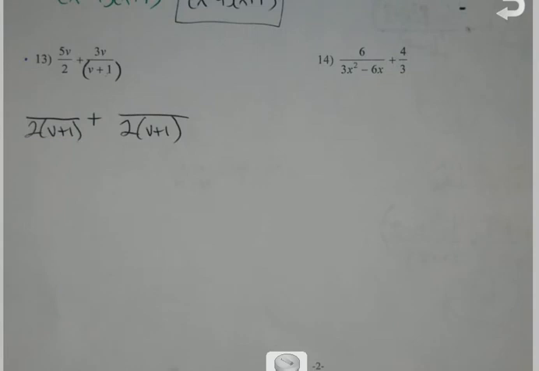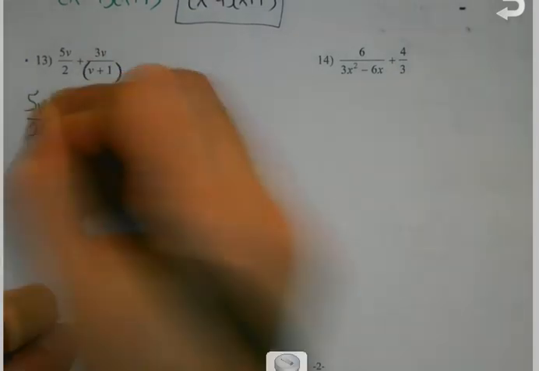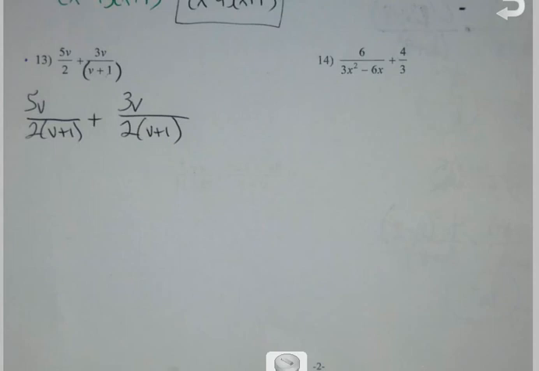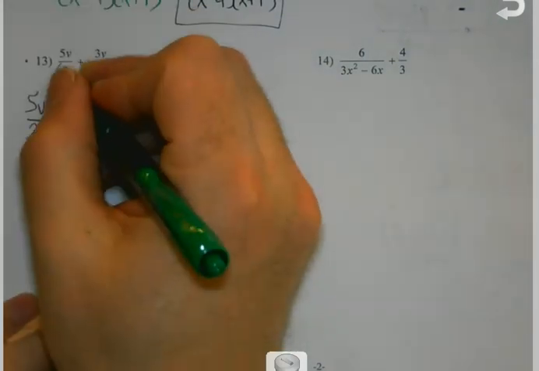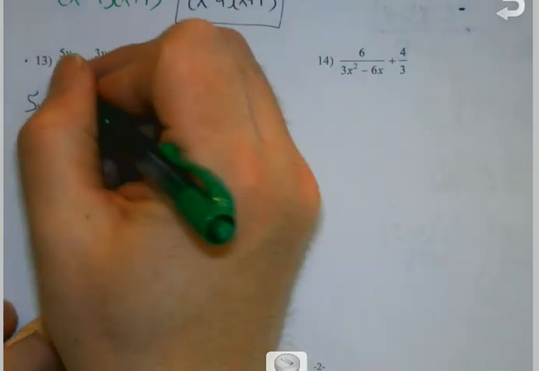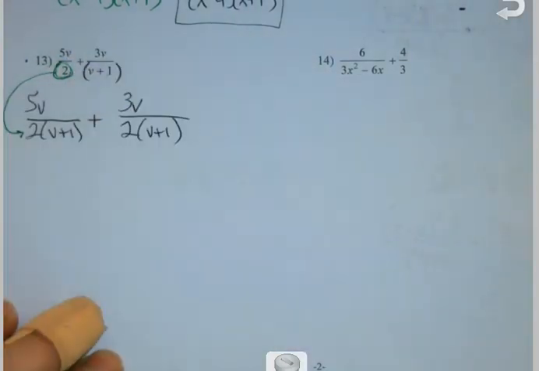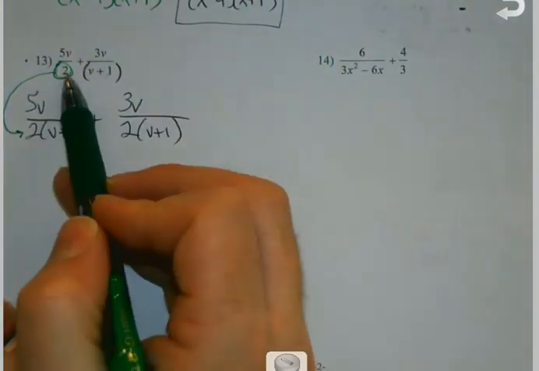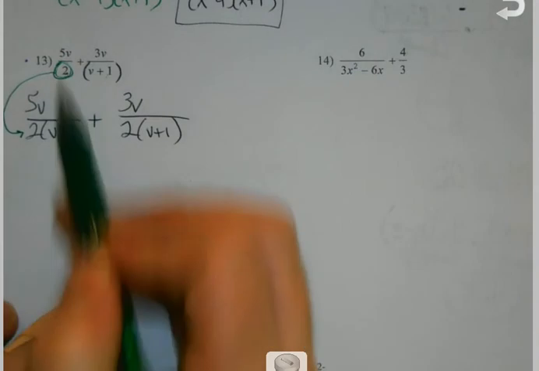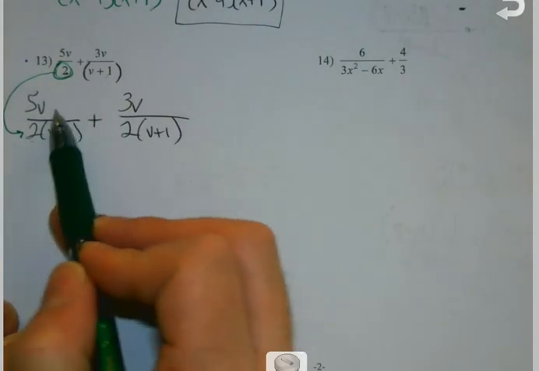So when I look at this now, I go, okay. Again, here's what my whole focus is right now. Here is my old denominator. Here is my new one. Whatever I'm multiplying this by to get this is what I need to put up here.